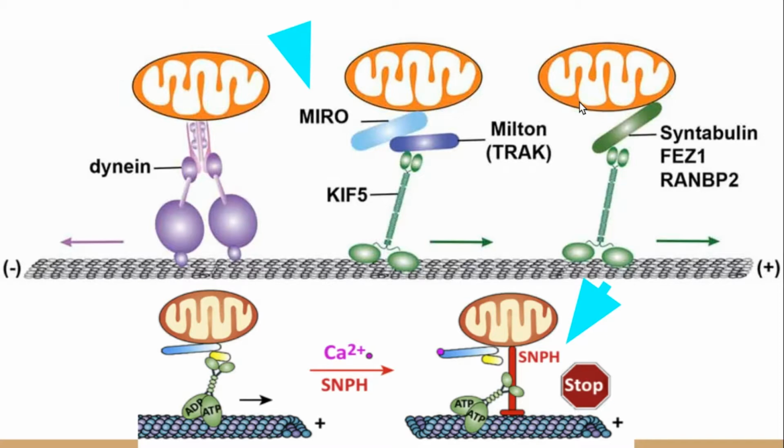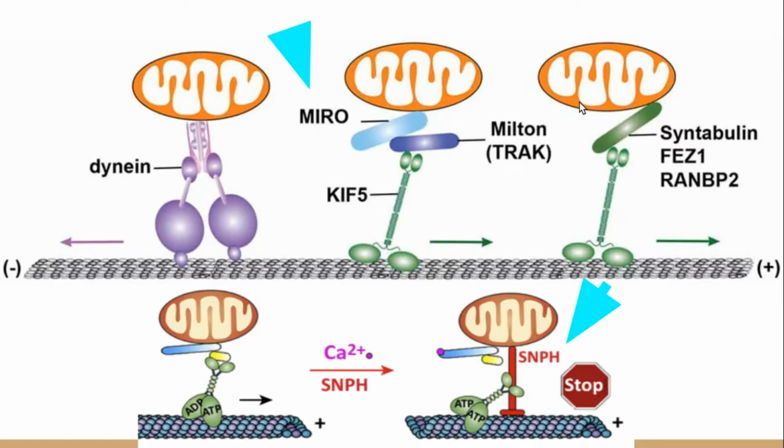So the current theory is that when Miro binds to calcium, it partially detaches from kinesin. And this actually opens up the binding domain for SNPH to more stably immobilize the mitochondria for longer periods of time. And this model is actually supplementary to the Miro TRAK model as well, because SNPH localizes only to axons and not dendrites.